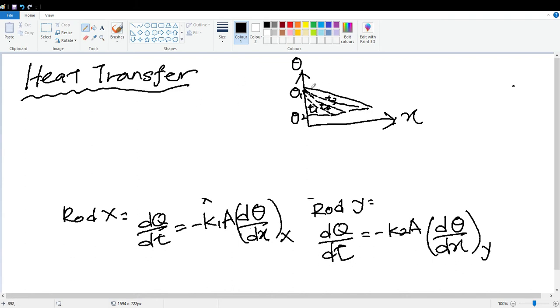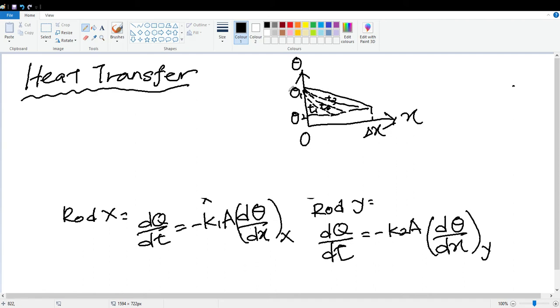Let me label all of this. This one should be my change in x. At every point the temperature keeps varying until they achieve a steady state.